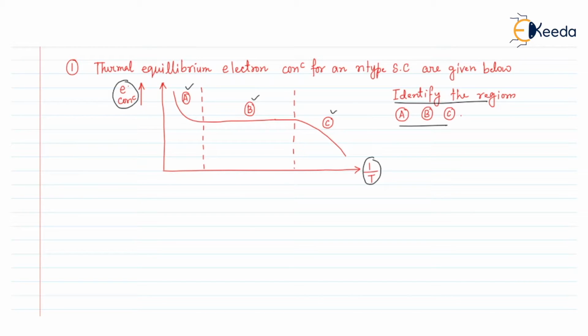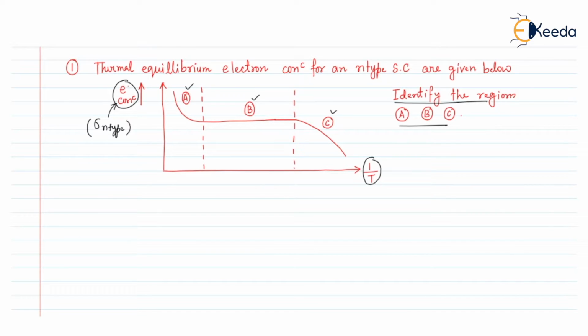Now for this question we know that the electron concentration inside an n-type semiconductor is solely responsible for the conductivity of the n-type semiconductor.